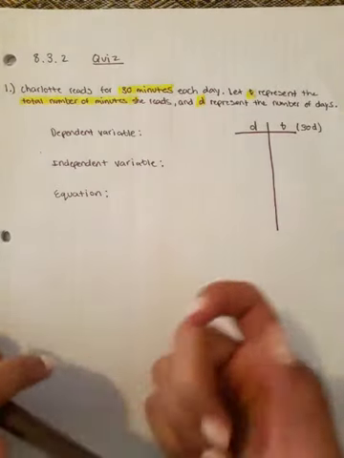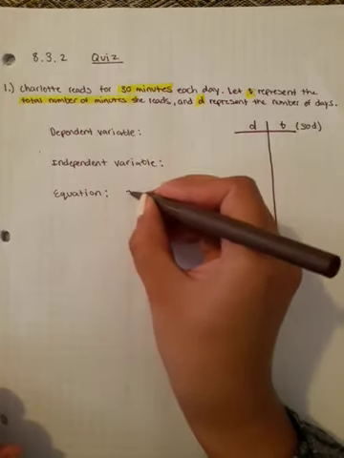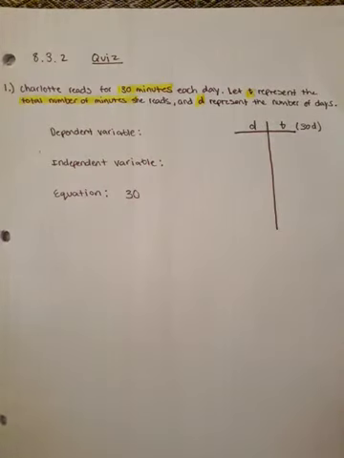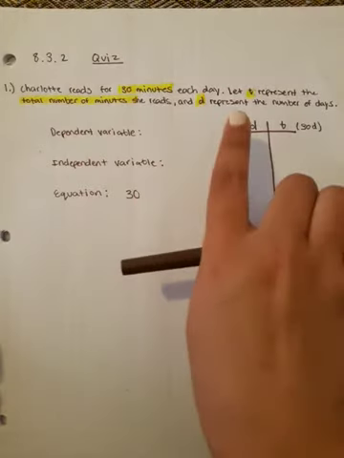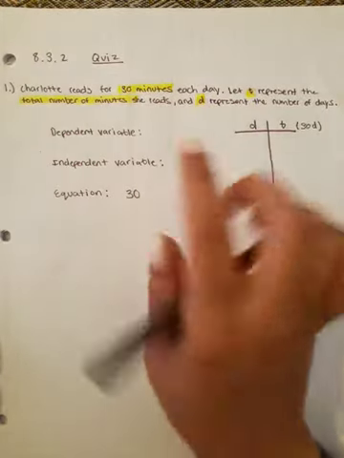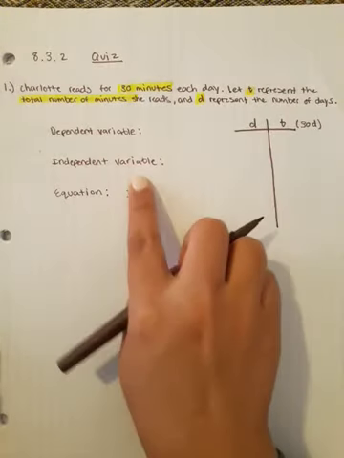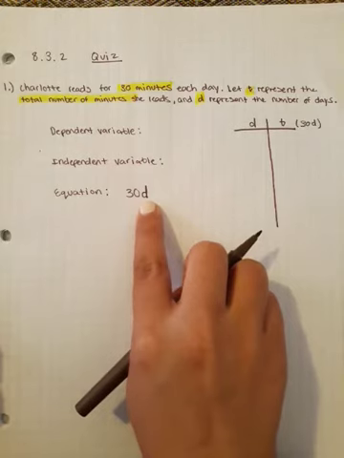So we know that each day she reads for 30 minutes, right? 30 minutes each day. We don't know how many days she has read. She may read one day, she may read 2 days, 3 days, 4 days. It's a number. The number they want us to use to represent the days is D. So 30 minutes times D, because it's 30 times the amount of days she reads.